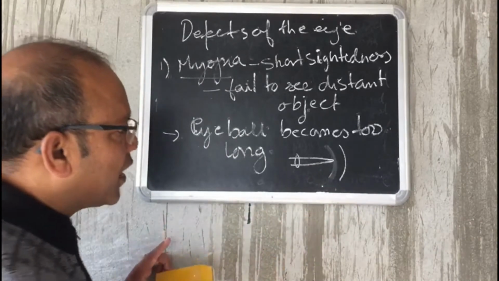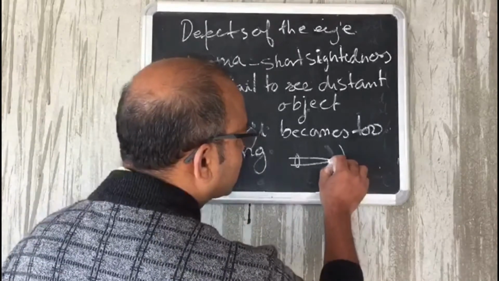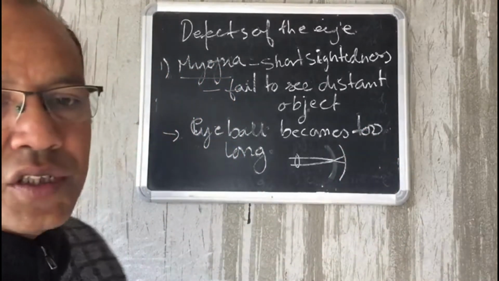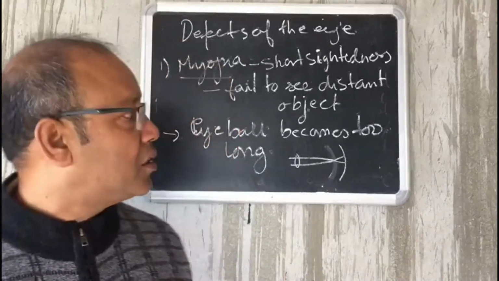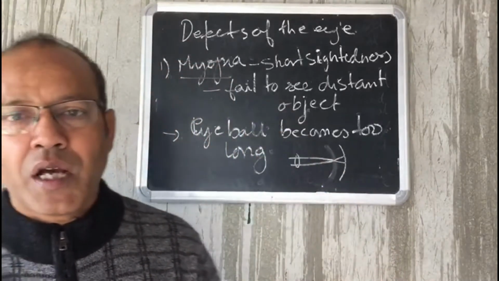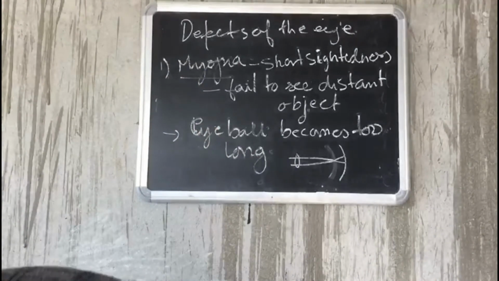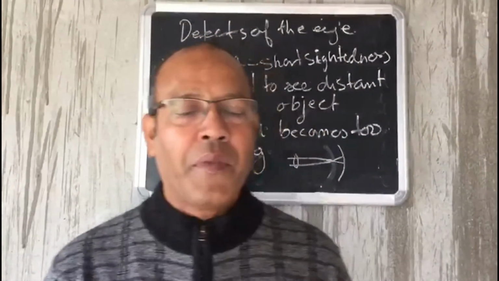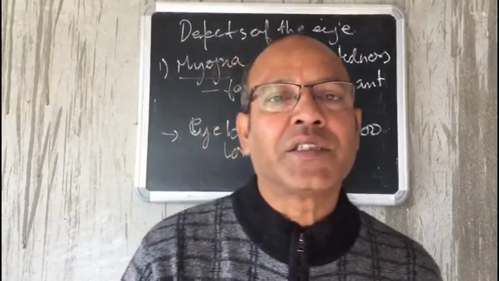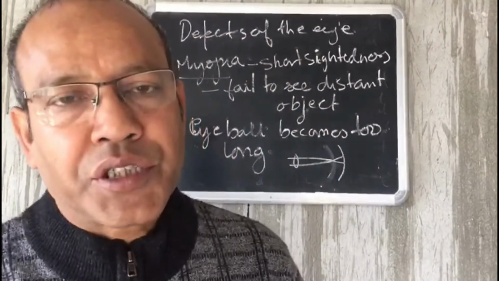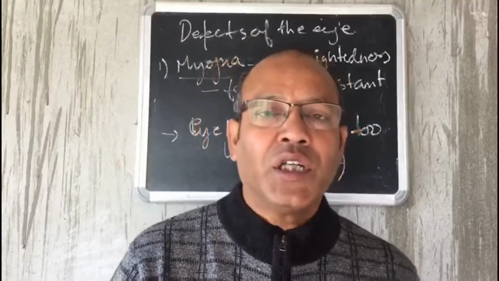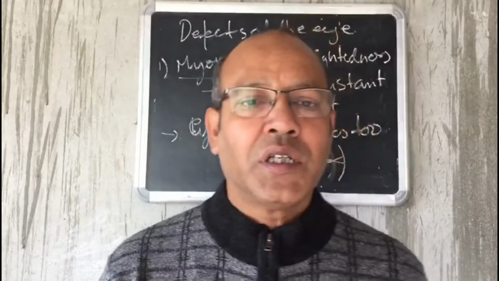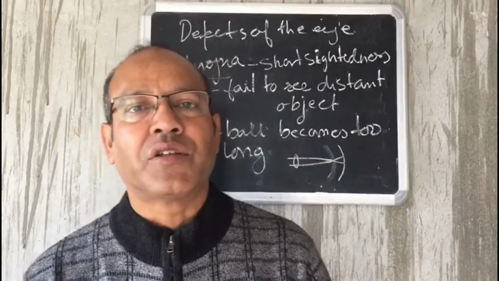So by the time the light reaches the retina, it is blurred, because of which the vision is not clear. This is called myopia or short-sightedness. So myopia is the condition when a person can see close objects, he can read or write comfortably, but the person cannot see distant objects.